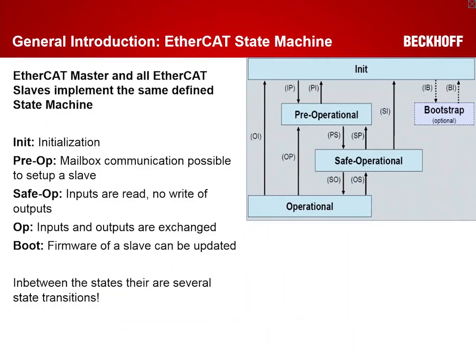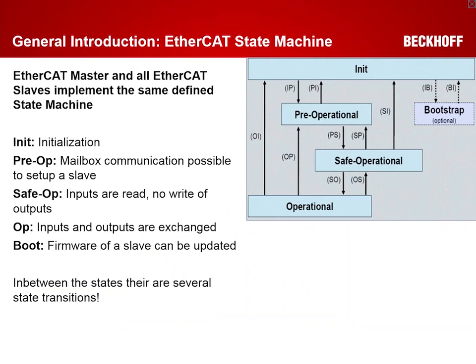Every slave and also the master has implemented a state machine, and this state machine has different states. We start with the init state for initialization of master and slaves. Then we have pre-operational, which allows you to communicate with the slave and set it up with special parameters via mailbox communication.